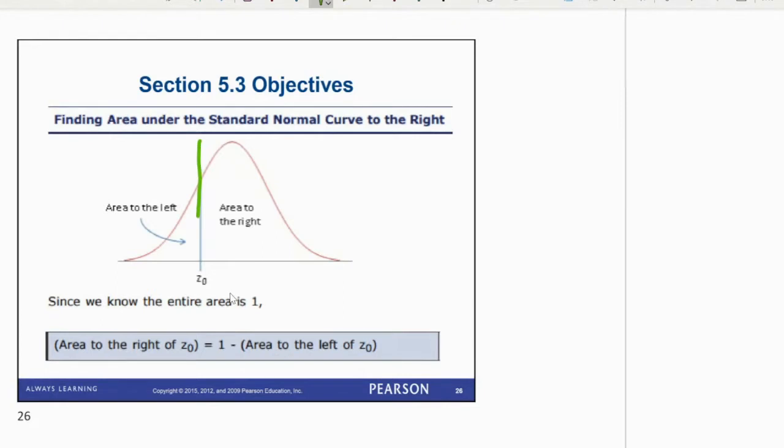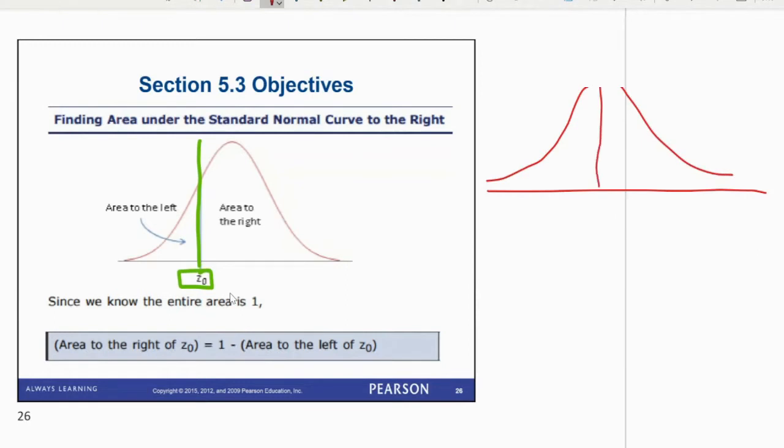Actually, let me draw a new one here because that could make more sense. So let's say this is the mean, and let me just draw a line somewhere here. And then we are looking for what X value, what Z score goes with this line.